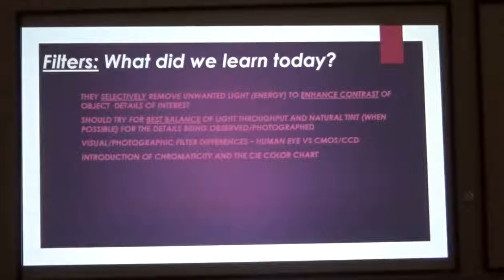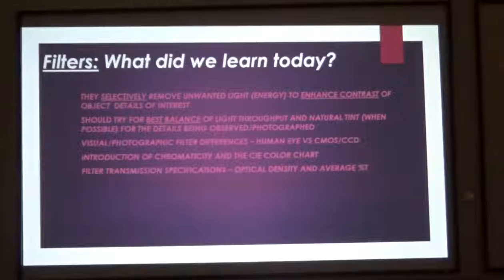We introduced chromaticity and gave a little idea of color theory, just so you understand a bit more why things are tinted and how our eye sees color. Like I said, it was just a broad brush overview, by no means comprehensive. We also talked about optical density and percent transmission numbers, mainly as they pertain to neutral density, but it really applies to any filter.